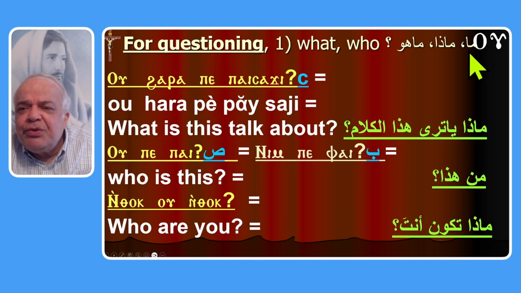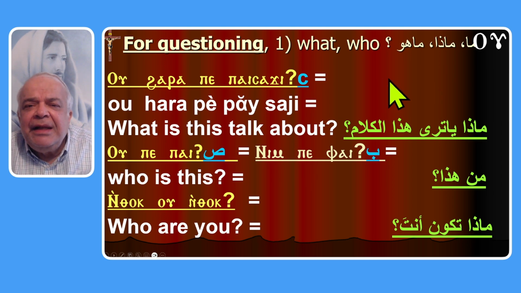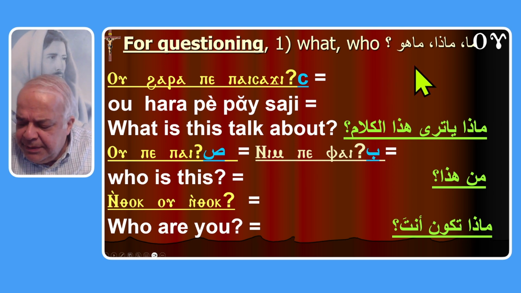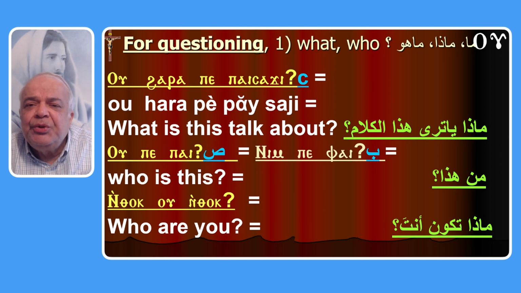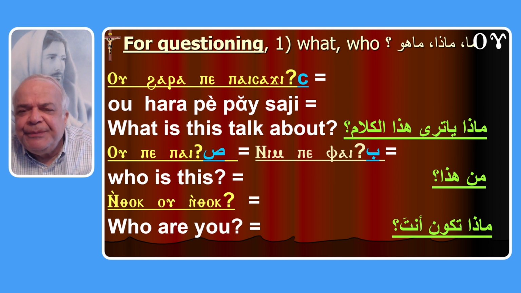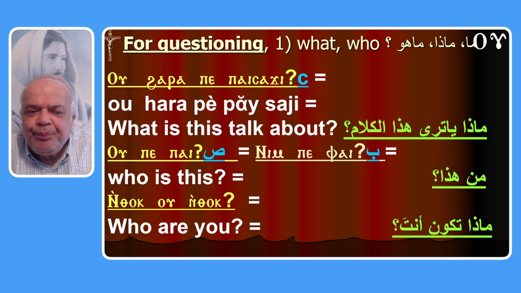O epsilon also can work as an interrogation article, for questioning. It means what or who. For example, here, when I say O epsilon, O hara pe paisaji. And when I put here C, it means it is a Coptic sentence.